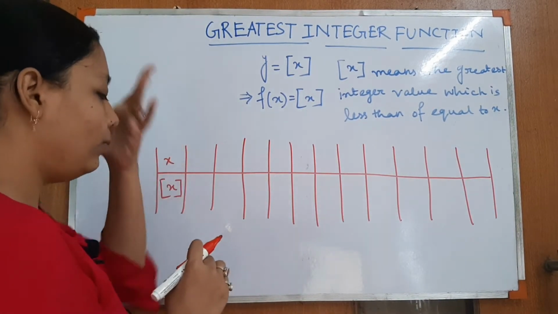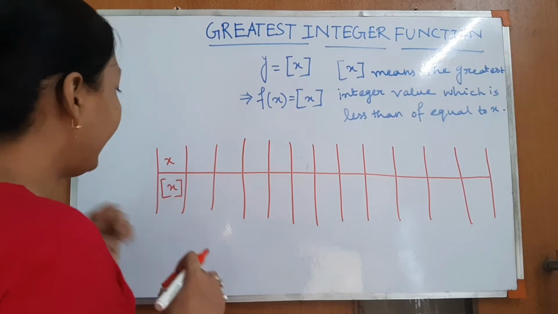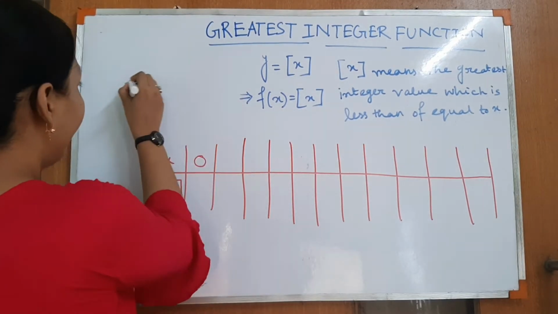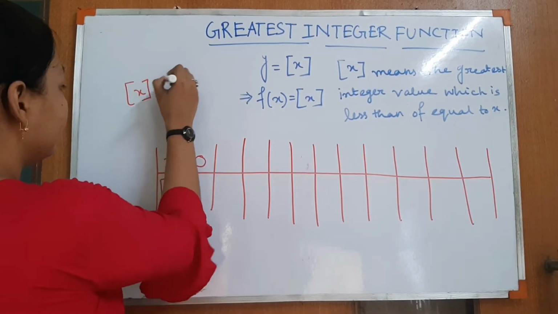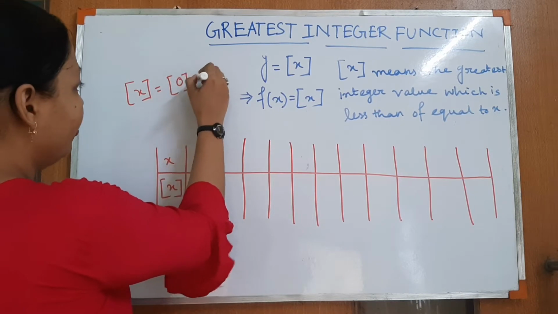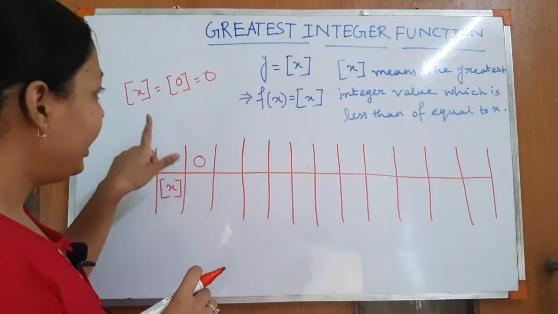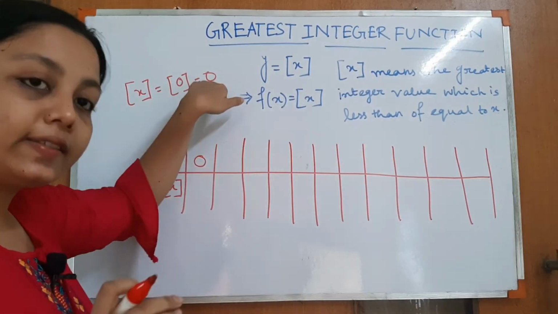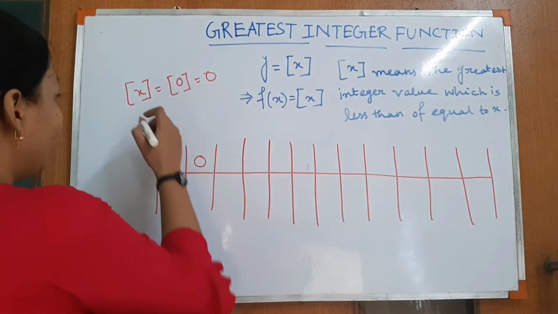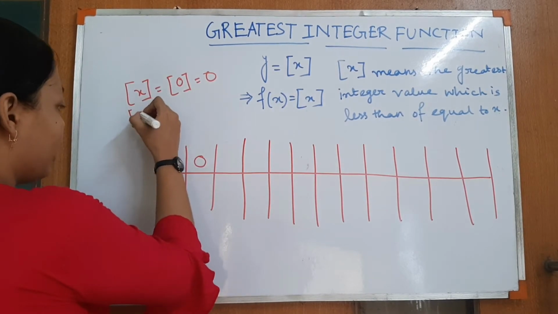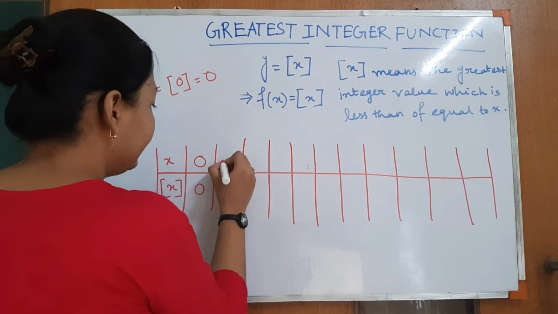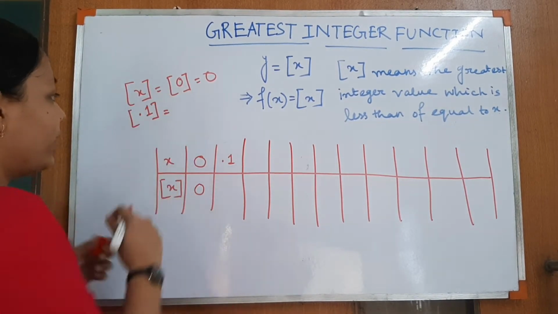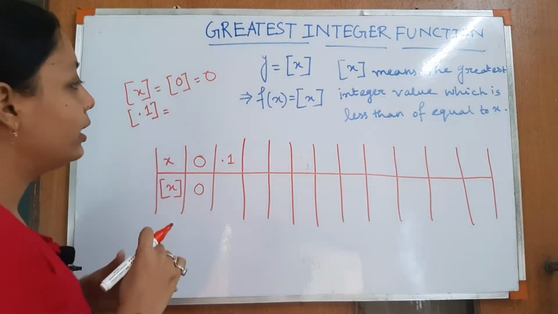Okay. Now if we take any integer value 0, then the value of box 0 is 0. If x is an integer, then the box value of x is also the same integer value. Now if we take x as 0.1, then what is the value of box 0.1?